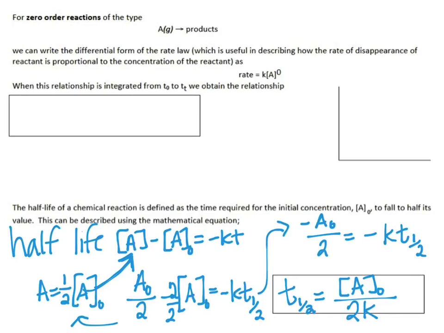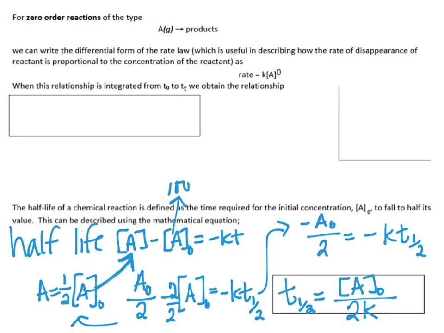If you're given half-life and they ask you to solve for time, because they don't give you this equation, what you can do is ask: what's the concentration of A at half-life? If you originally started out with 100, what's your concentration halfway, at your half-life?